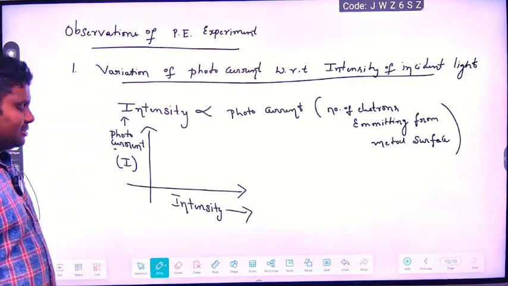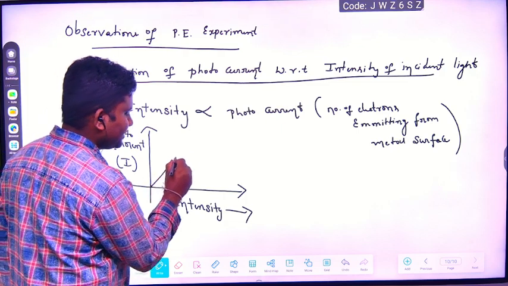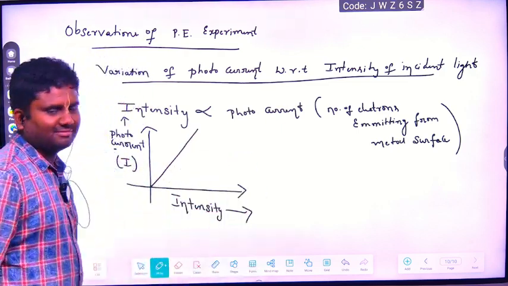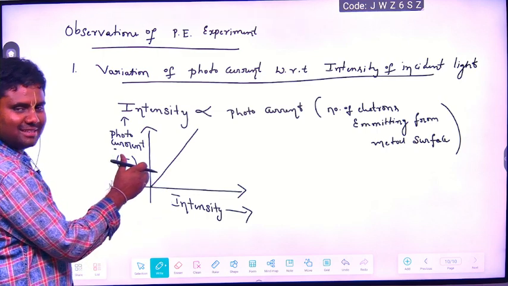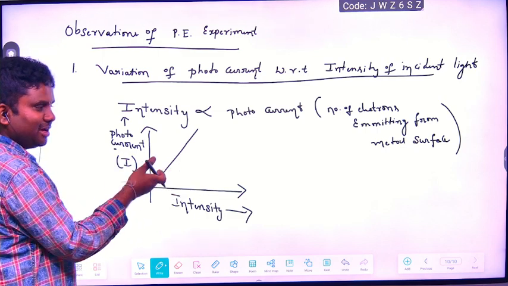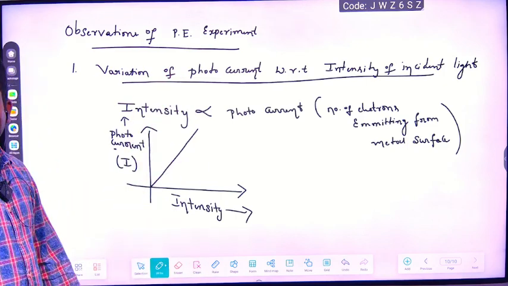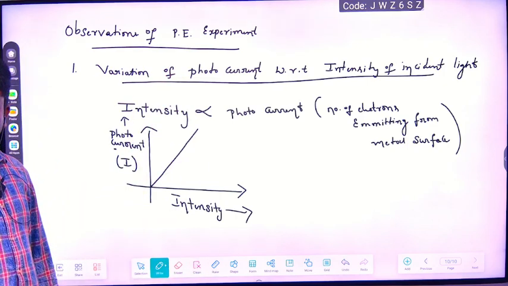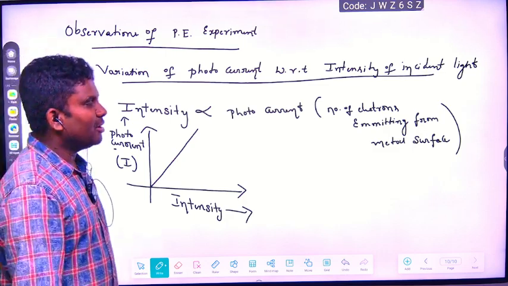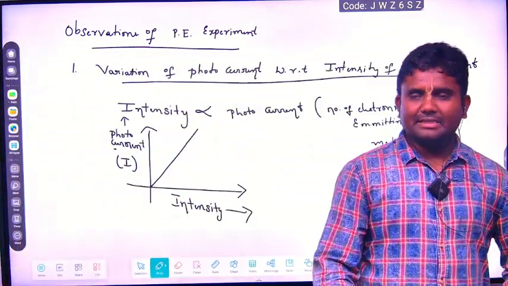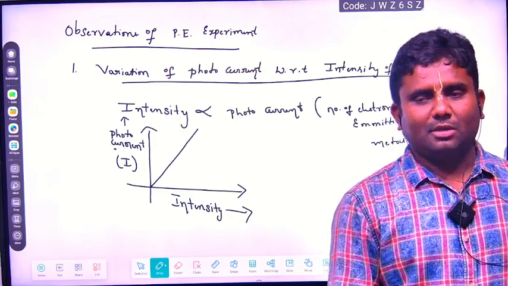So as the intensity increases, photocurrent increases. It is a linear straight line. If intensity is less, photocurrent is less. As the intensity increases, what happens? Photocurrent increases. It's a straight line. Understood? So this is the first observation they did. So the number of photoelectrons or photocurrent is directly proportional to the intensity of the incident light. Please take this down. Done now?